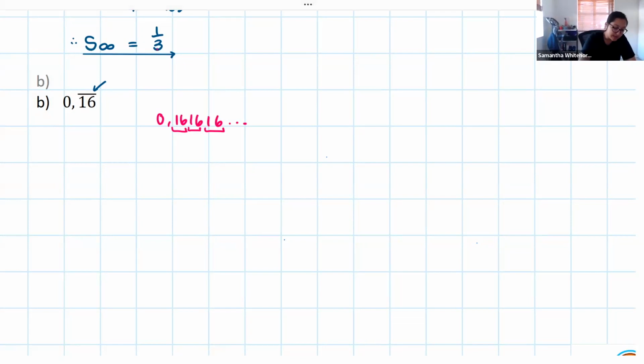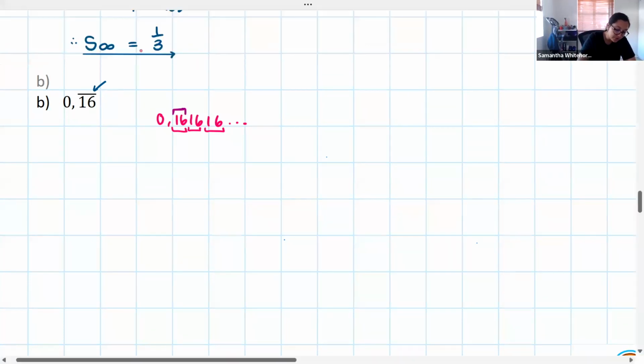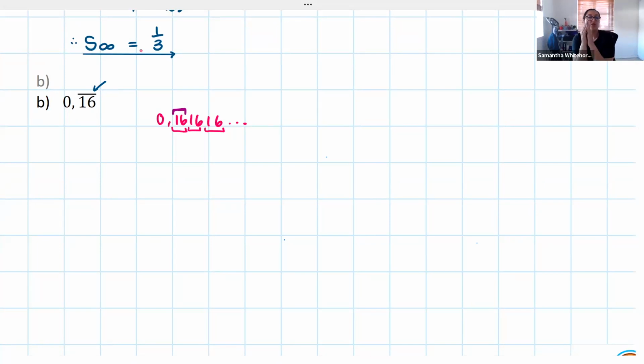So that was the first step. The second step was write it as a geometric series. In order for us to do that, we just need to be a bit careful because now we've got 2 numbers recurring. In the first grouping, this is the tenths and the hundredths. I always go to the biggest decimal that we're working with. So in this case, it's tenths and hundredths.